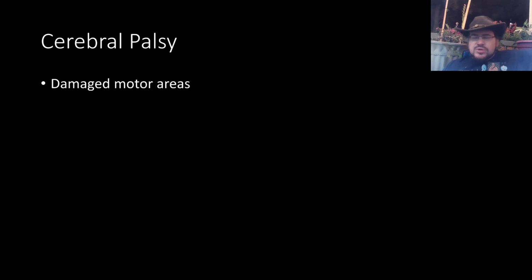Lastly, we have cerebral palsy. So cerebral palsy is damaged motor areas. So not motor neurons. Motor neurons are peripheral nervous system neurons that connect up to muscles and cause a response.